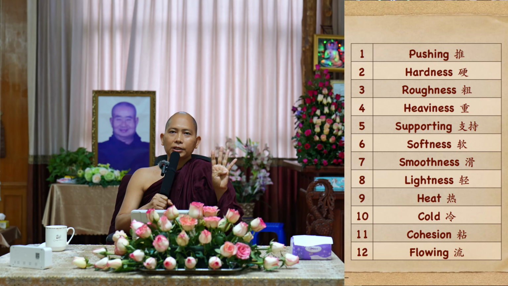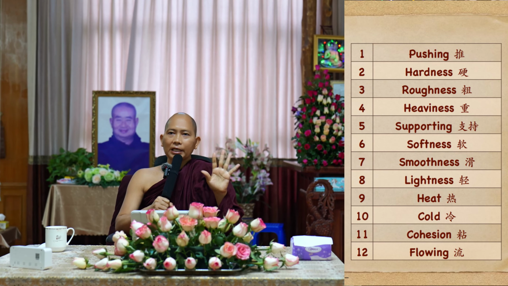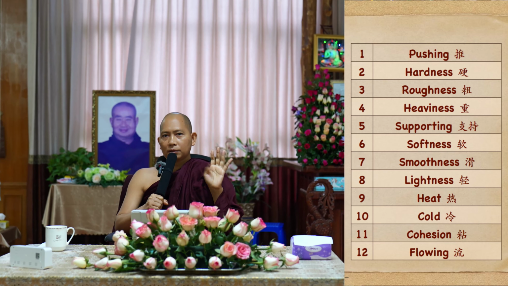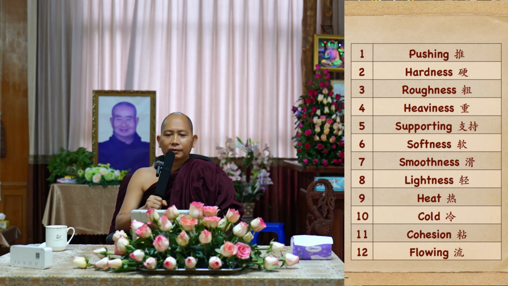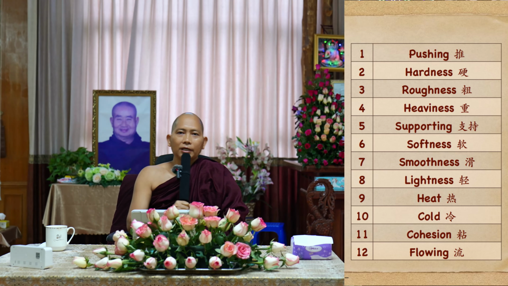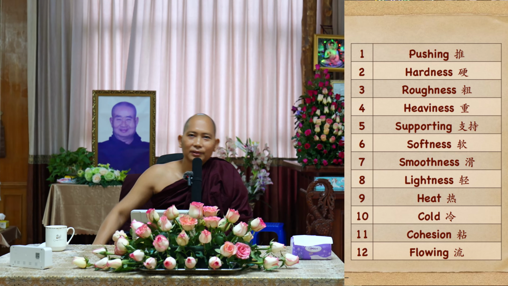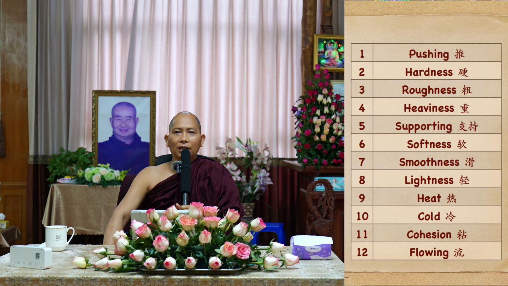Pathavi Dhatu, the earth element. There are 6 characteristics in the earth element. What are they? Hardness, roughness, heaviness, softness, smoothness, lightness. Altogether, 6 characteristics in the earth element.